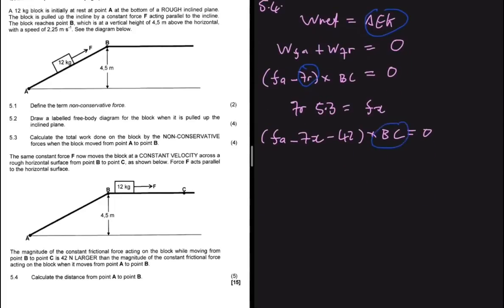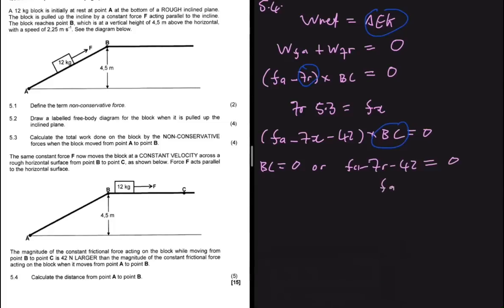Clearly from our sketch BC is not equal to 0, but we don't even have to make that assumption. We can just say Fa minus Fx minus 42 is equal to 0.